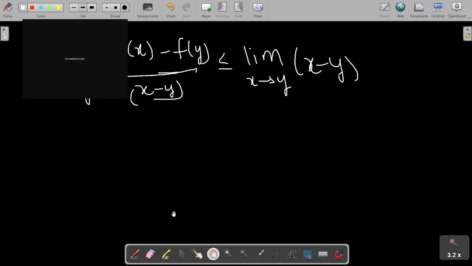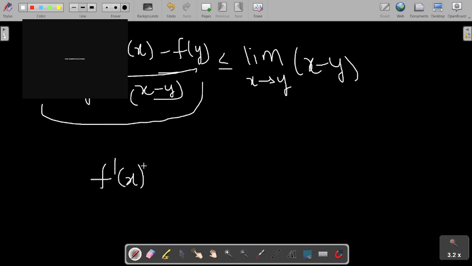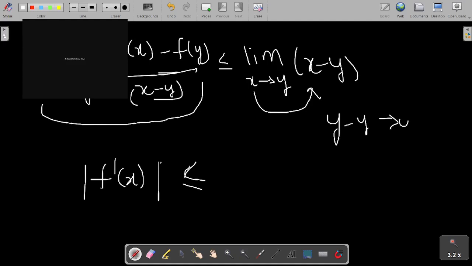So by the definition of derivative, the left part becomes f prime of x, or we can say f dash of x. I forgot to put modulus, so it is right here, and this is less than or equal to, if I put x tending to y here, the limit becomes y minus y, which tends to 0.